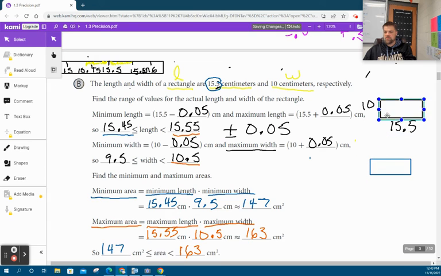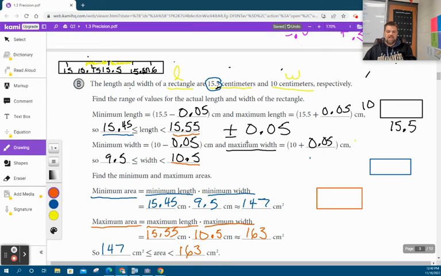Let me pull this out so you can see what we're talking about. They're saying that it is possible that I have a rectangle, and the very smallest that rectangle could be would be 15.45, and the width could be 9.5.